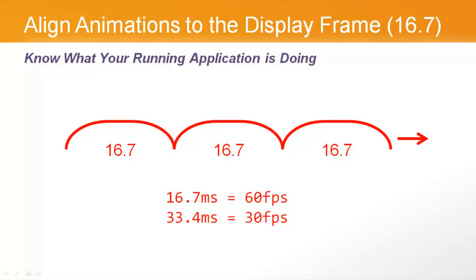Less than that is going to be wasted computational time. And for mobile implementations, try to go for 33.4 milliseconds. This again is part of knowing what your browser is doing, knowing what your application is doing, and therefore you want to maximize the use of resources and do things in a conscious way and not just because.